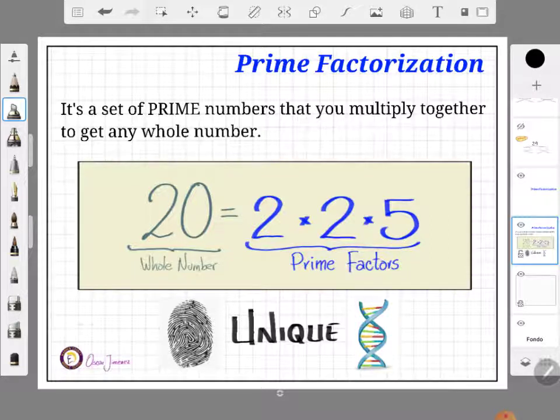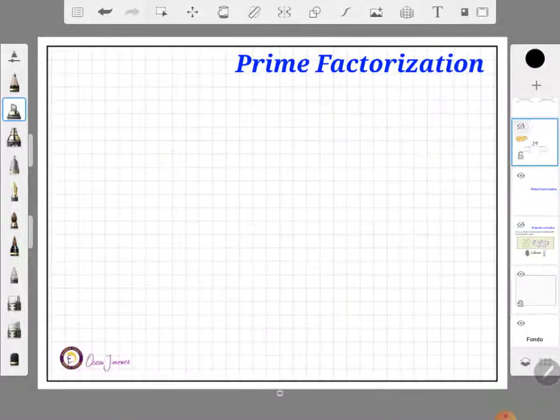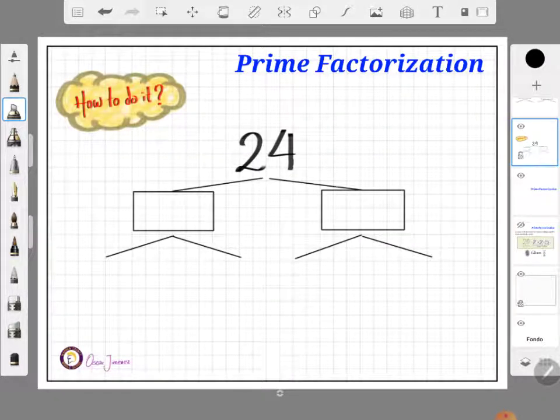Now, how do we do this? Let me show you with this example. We use something called a factor tree. This is a spatial diagram that we use to find the prime factorization. In this diagram, we just need to find the factors of the number. I'm going to show you with the number 24 how we find the prime factorization.